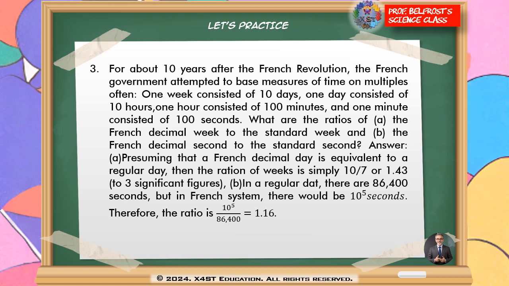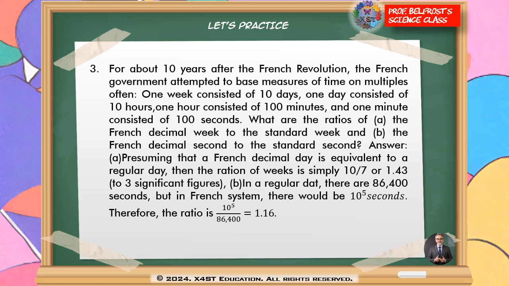For B, the French decimal second to the standard second: in a regular day, there are 86,400 seconds, but in the French system there will be 10 to the power of 5 seconds, as stated there. So the ratio is 10 to the power of 5 over 86,400, which is 1.16 to three significant figures.